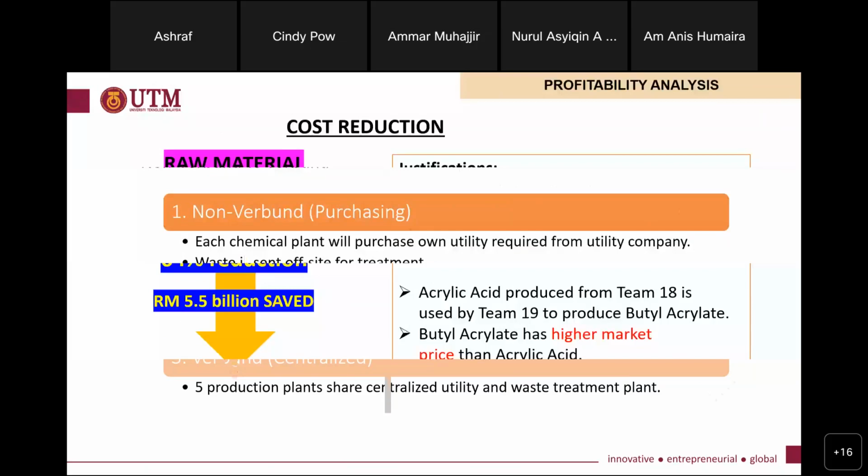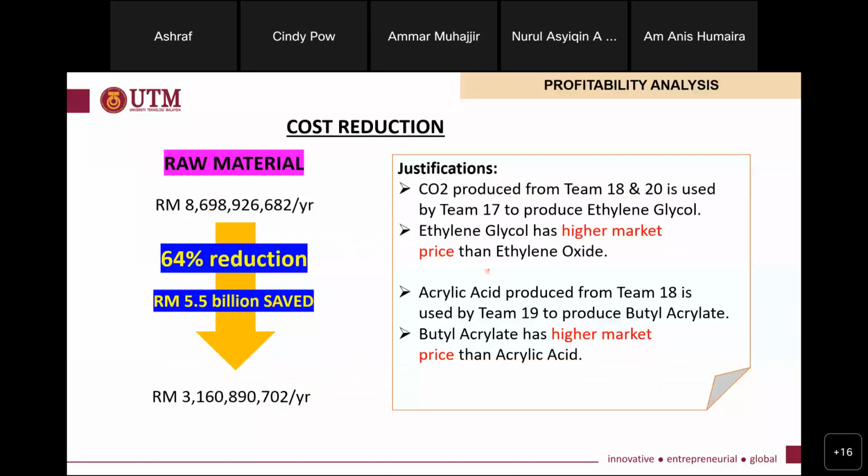Then the acrylic acid produced from Team 18 is completely supplied to Team 19 to produce latex butyl acrylate, because butyl acrylate has a higher price than acrylic acid. Moving on to logistics and transportation, we can save about 40%, or 69 million.